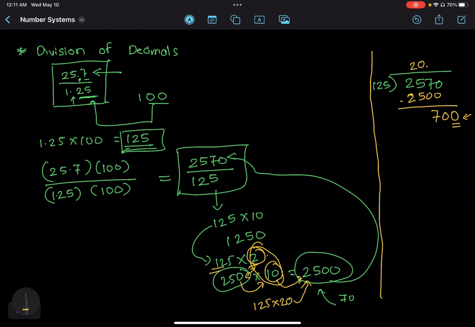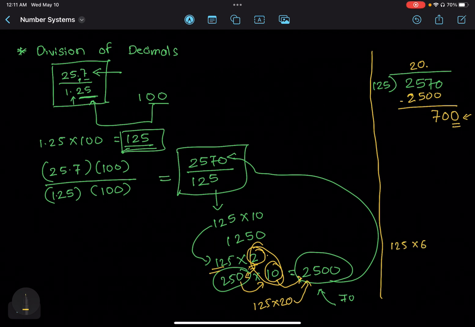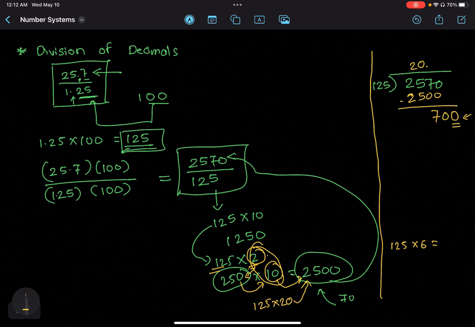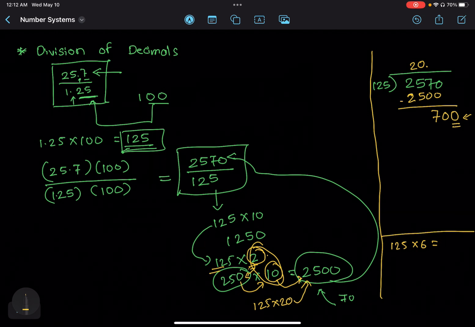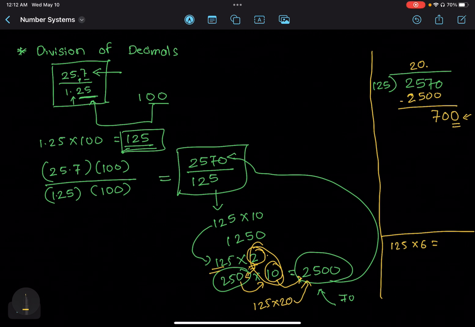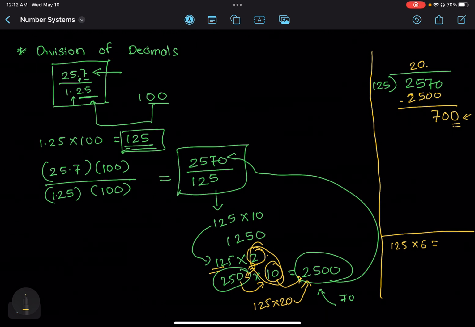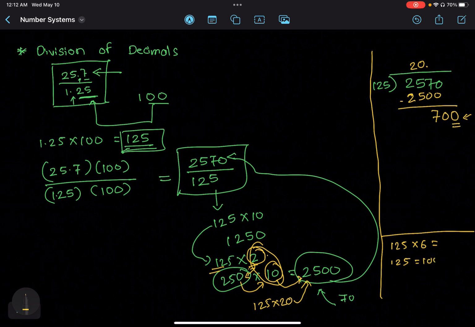In the easiest way, we can see if 125 is multiplied by 6, what will the answer be? This kind of calculation, I will say, we don't actually need to perform manually. You can just calculate it in your mind. How to do it? 125 multiplied by 6. 125 is equal to 100 plus 25.